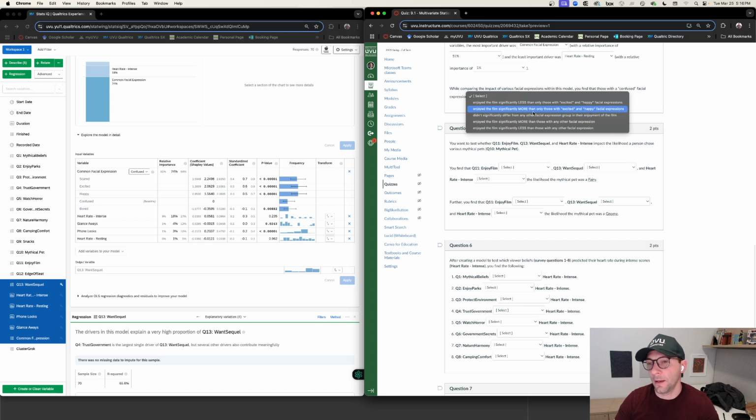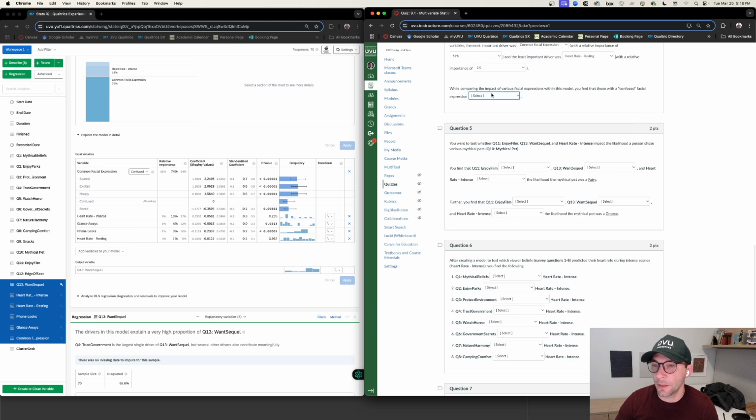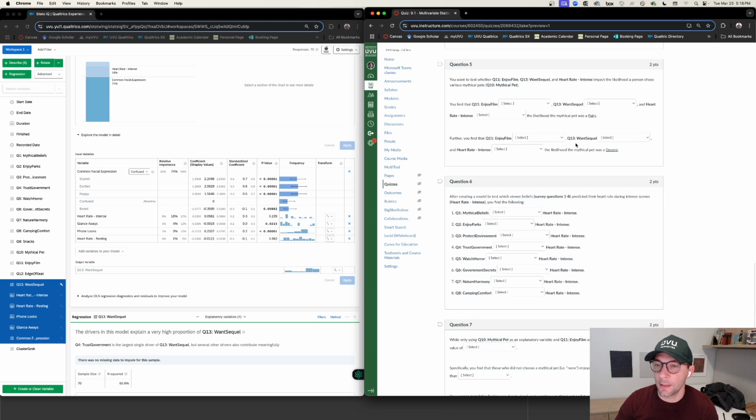So that one doesn't appear here for me. But you can see, was it less than only excited and happy, more than only excited and happy? Was it not significantly different from any of these? Or did they enjoy it more than all other expressions or less than all other expressions? So you can answer that how you see fit.